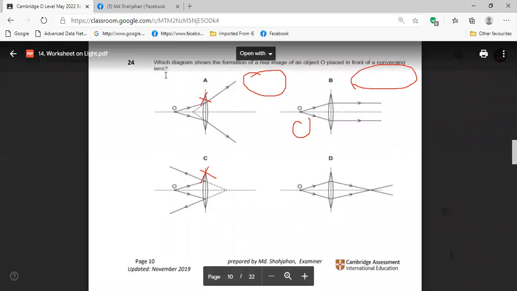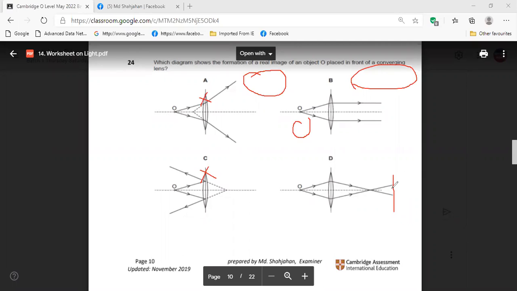If we have a screen here, I'm showing you, then you will see this ray going up and this ray going down. From the lower part it is going up, and from the upper part it is going down. So it's becoming inverted.